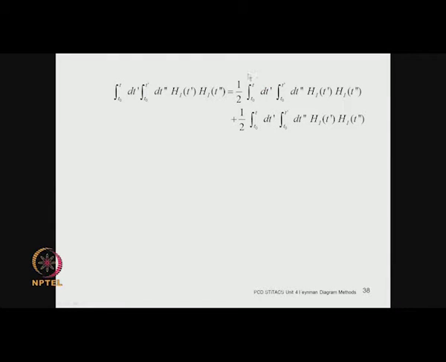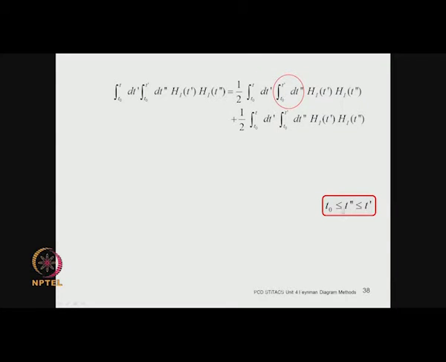So, this is what we are integrating out, and in this term, for example, t double prime must go from t0 to t prime, okay. So, it shows a certain order in the variable t double prime, because t double prime must always be greater than or equal to t0, the lower limit of integration, and it must always be less than or equal to t prime, which is the upper limit.